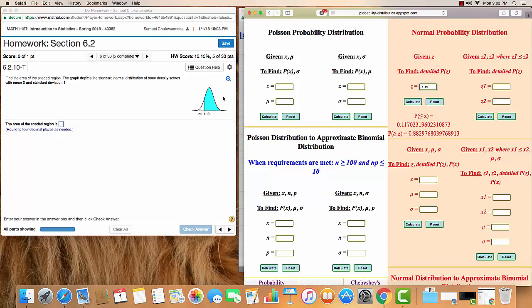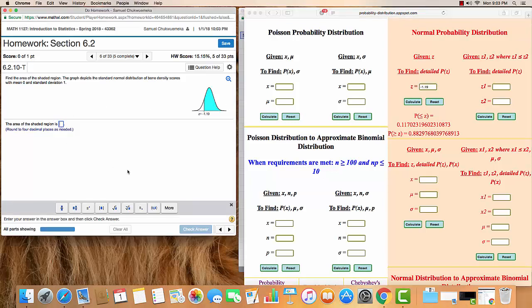So just use what they asked you. In this case, they asked us area to the right. So to 4 decimal places, it will be 0.8830. Okay.